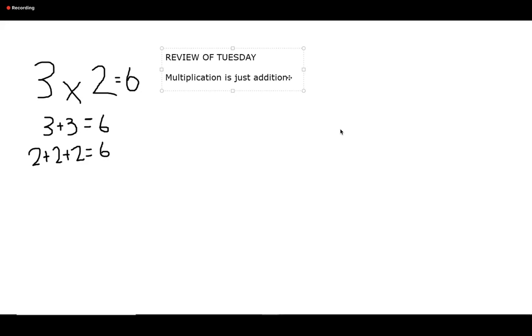So now that we know that multiplication is just addition, I wanted to go over a couple of things. First, the multiples of 0 and the rule that all multiples of 0 follow. And the same thing goes for 1. So the multiples of 0 and the rule that all multiples of 1 follow.